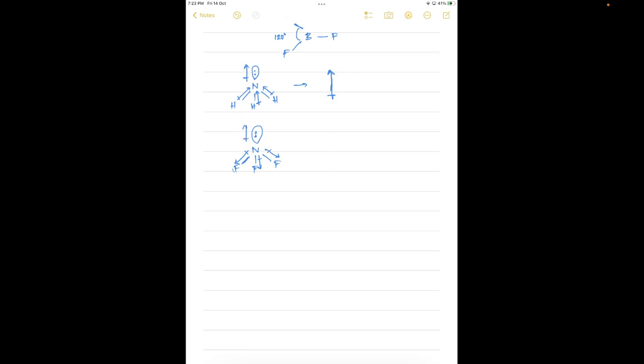Now if you think carefully, for this case there are four dipole vectors.